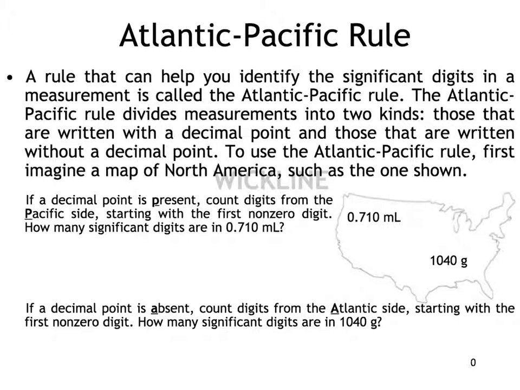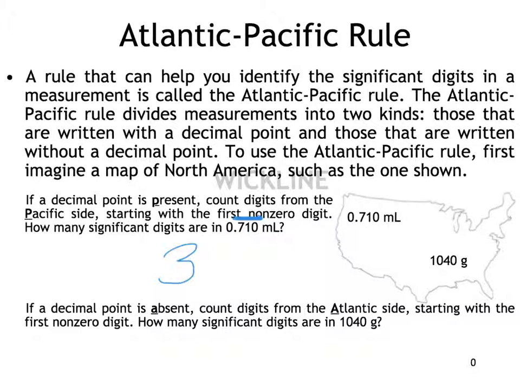I'm going to skip the leading 0, but I'll start with the 7, and I will include the 1 and the 0 at the end. So there are 3 significant figures. One more time: since the decimal point was present, I started counting with the first non-zero digit, 7, then counted until the end.